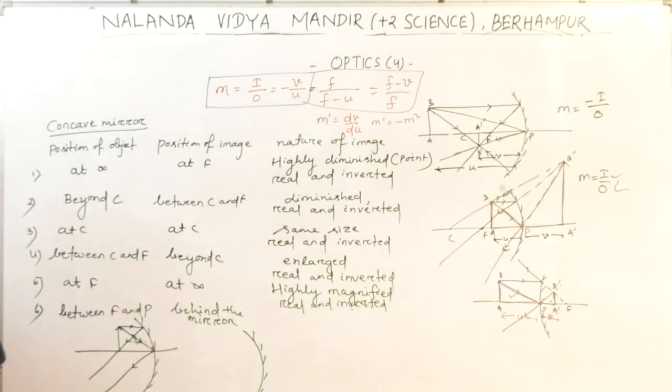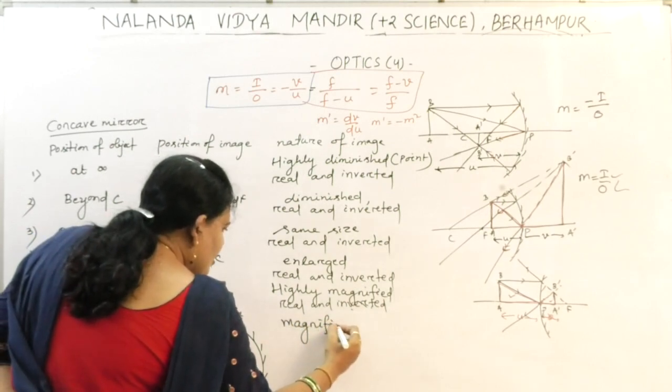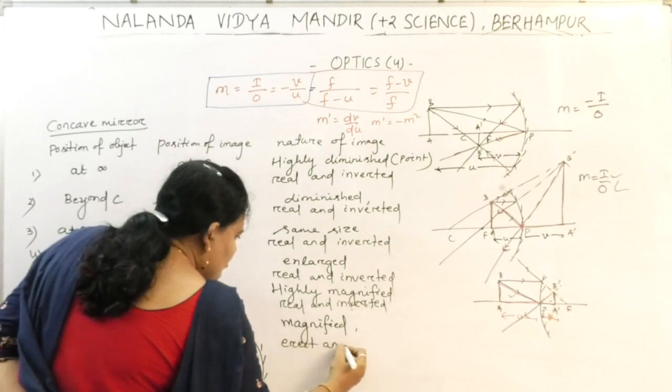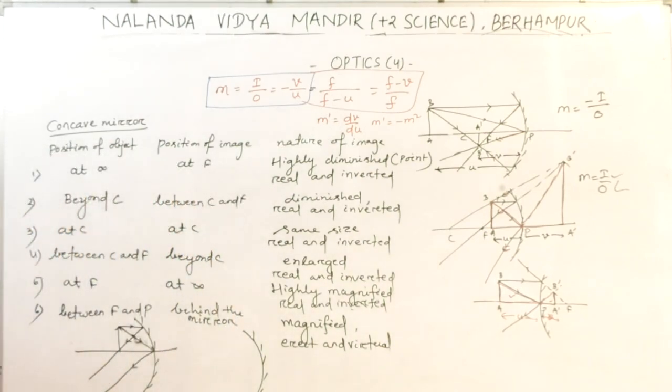And what is the nature of the image? Magnified, erect and virtual. So these are the cases of how the image is formed in the case of a concave mirror.